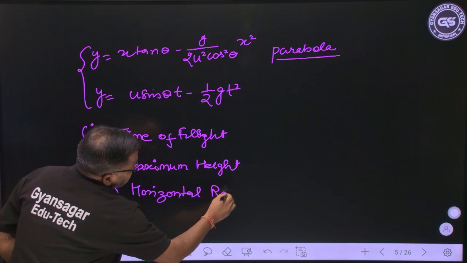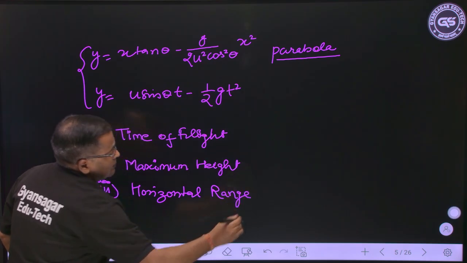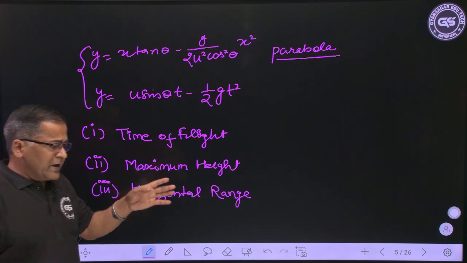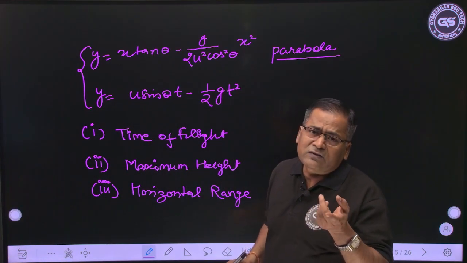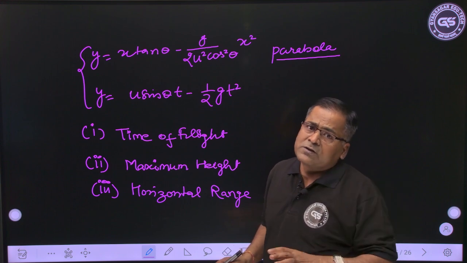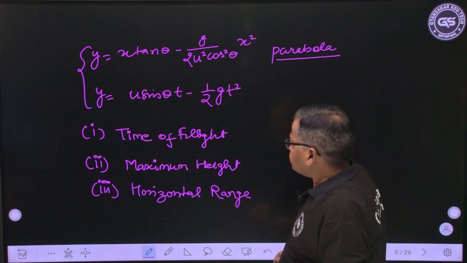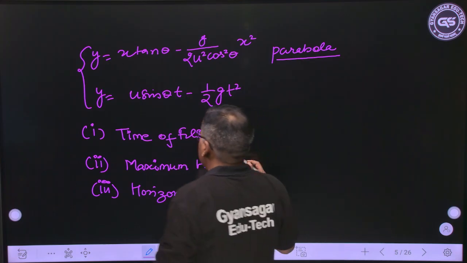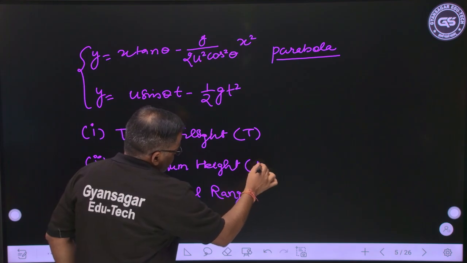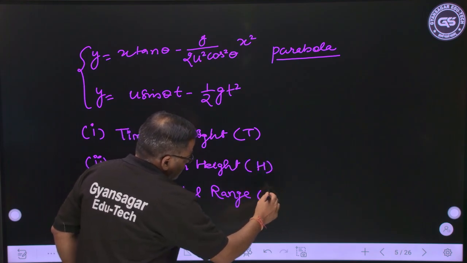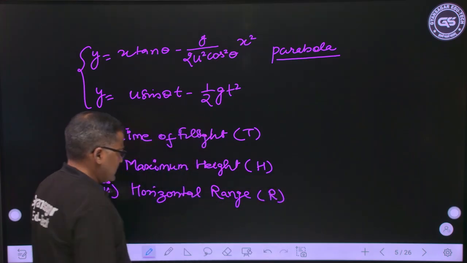Horizontal range means the body falls at some distance from the point of projection. So what is the distance of that point at which it falls? So we have to find time of flight first, then maximum height and then range of the projectile.